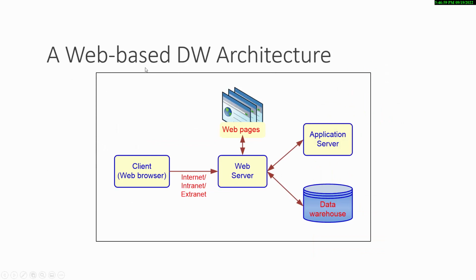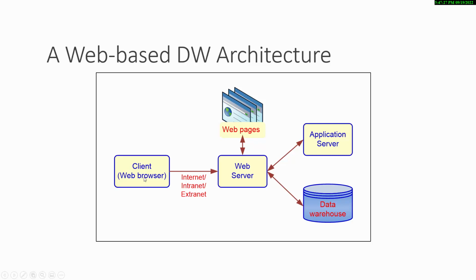We can also have a web-based data warehouse architecture. Data warehousing and the internet are two key technologies that offer solutions for managing enterprise data today. When we integrate both of these technologies, we come up with web-based data warehousing. It has a 3-tiered architecture, which includes the PC client, the web server, and the application server.